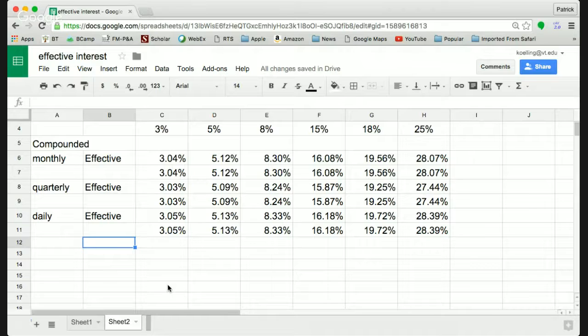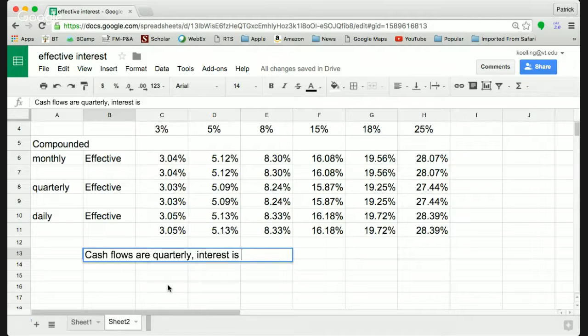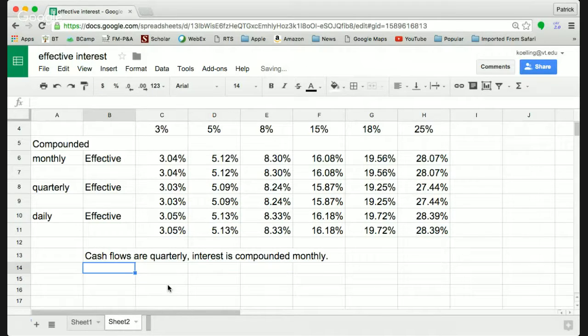For example, cash flows are quarterly. Interest is compounded monthly. Let's talk about that case.